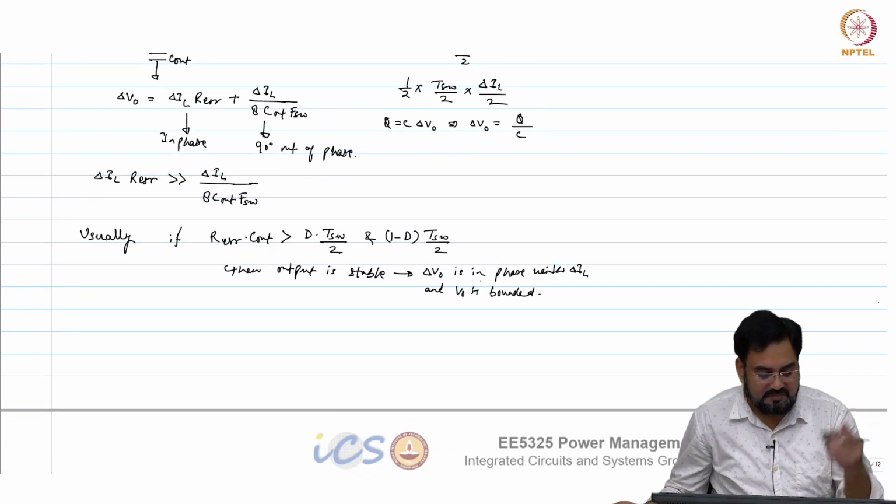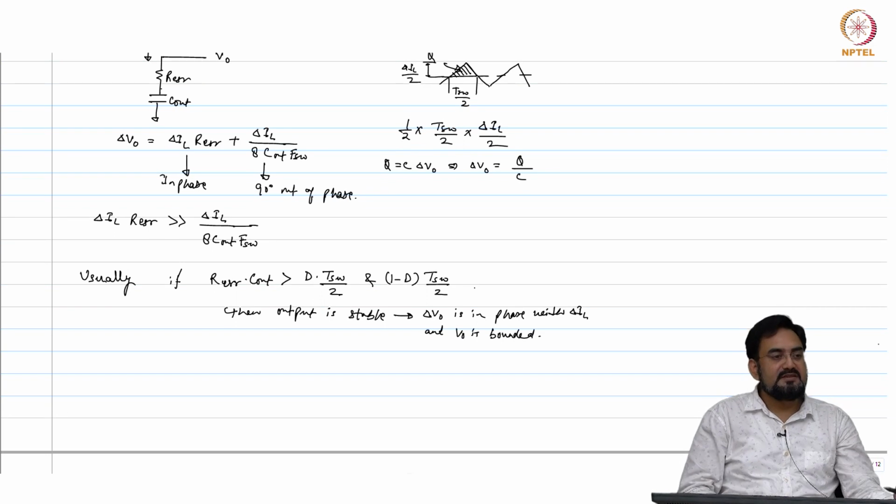Okay. So we need to meet both the conditions, D times TSW by 2 and 1 minus D times TSW by 2.